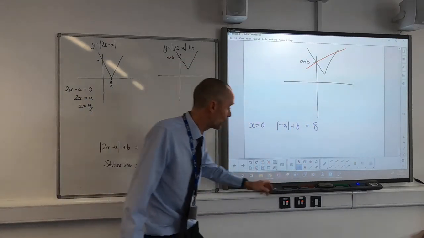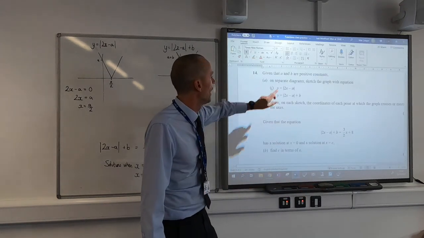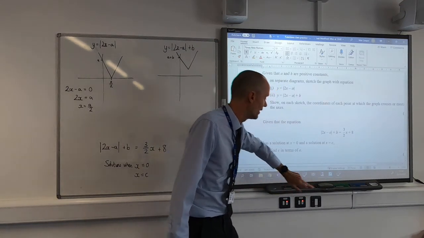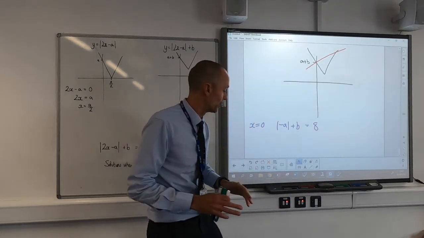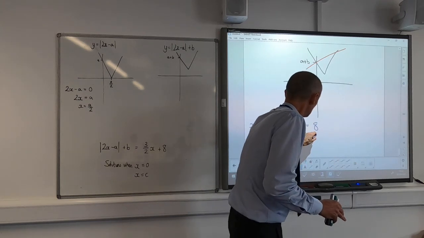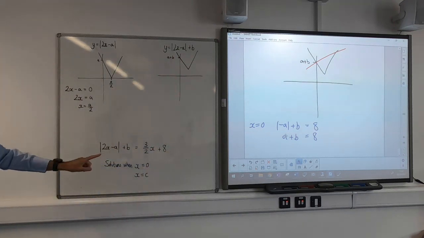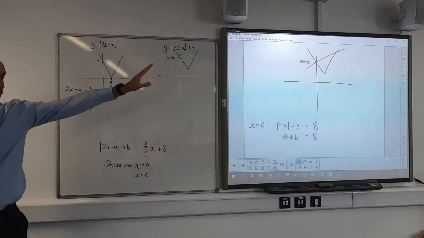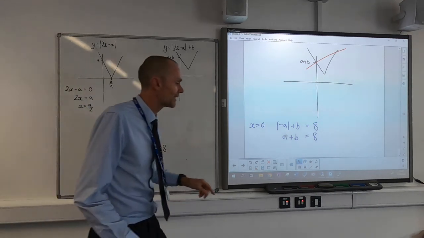I was told in the question at the beginning that a is positive, so that means that this will be negative, so the modulus of it will just be a. So we've worked out algebraically, using that equation, what we've seen graphically. The other solution occurs when x is equal to c.